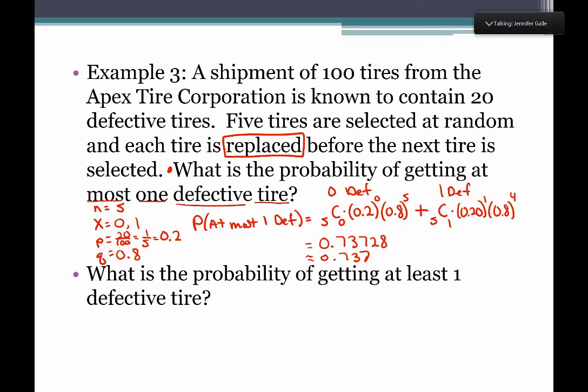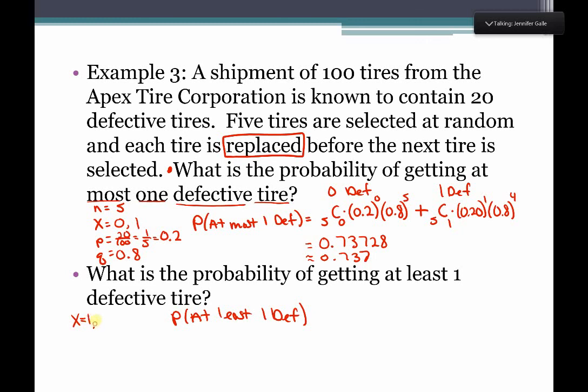Our situation still stays the same, but now we're going to have at least 1. At least 1 means 1 or more, so we could have 1, 2, 3, 4, or 5.